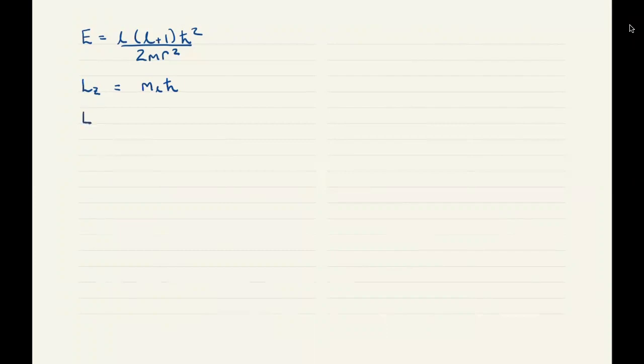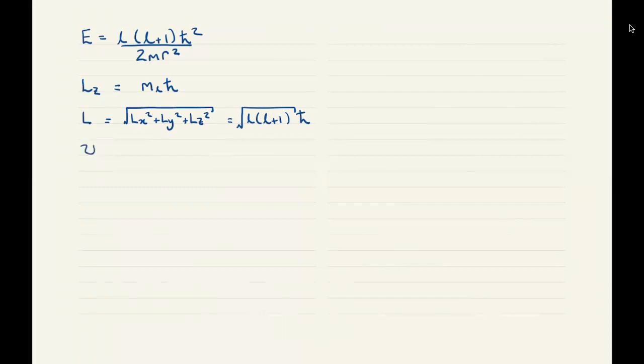The total angular momentum, which is the square root of Lx squared plus Ly squared plus Lz squared, is equal to the square root of L(L+1) times h bar. And this you could extract easily by setting the kinetic energy equal to L squared over 2mr squared.